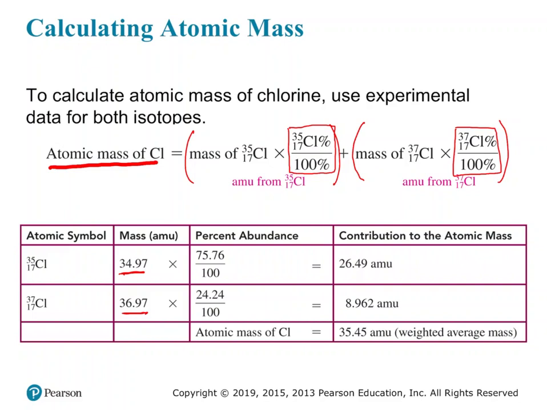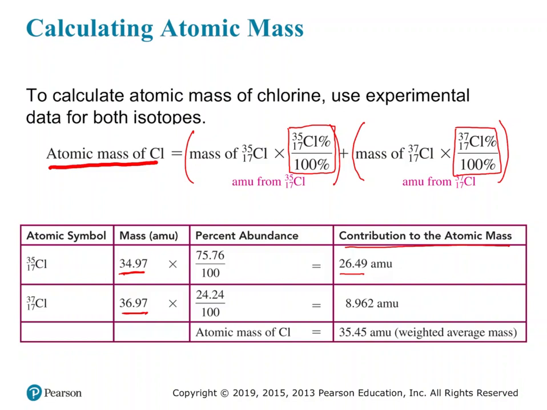And then we're going to multiply that by the percent abundance, which we said was 75.76. And we're just going to divide that by 100 so that it's decimal instead of a percentage. So that's going to give us the contribution to the atomic mass. So for chlorine 35, that's 26.49 atomic mass units. And you can plug this into your calculator just to double check that you get the same thing.